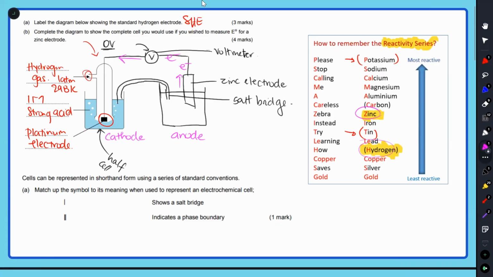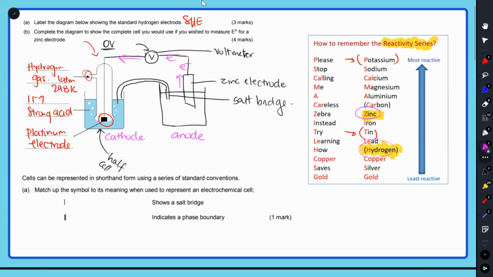Right. Now, cells can be represented in shorthand form using a series of standard conventions. This is if they ask you to write or draw the cell diagram. When they say cell diagram, they don't mean this thing that we did up here. Your cell diagram is just representing each half cell separated by the salt bridge to show what the complete cell is.